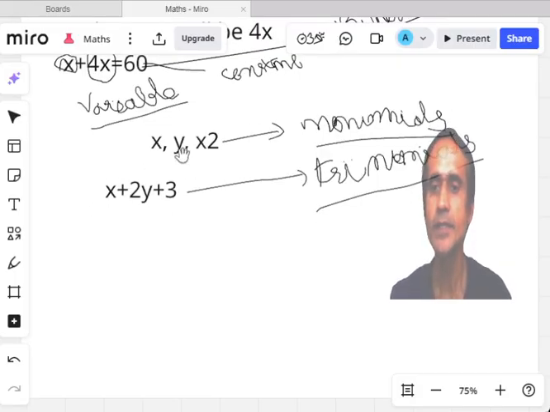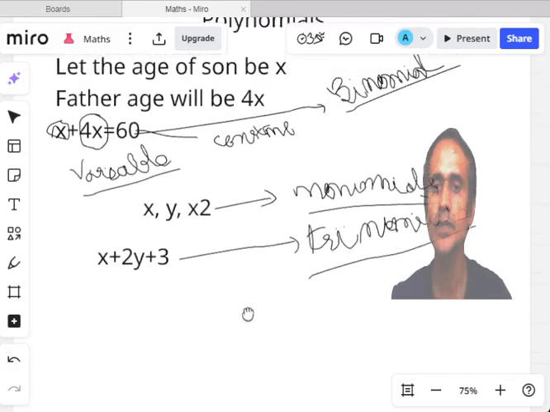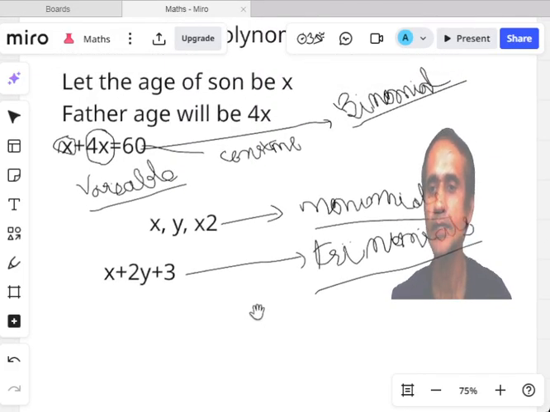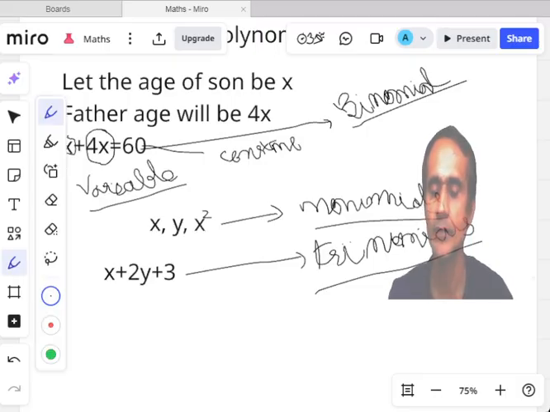Now the highest degree of the terms of the equation is known as the degree of the equation. Here you see the highest degree of 4x is 1. So here the highest degree is 1, x has power 1. So this is our linear polynomial.